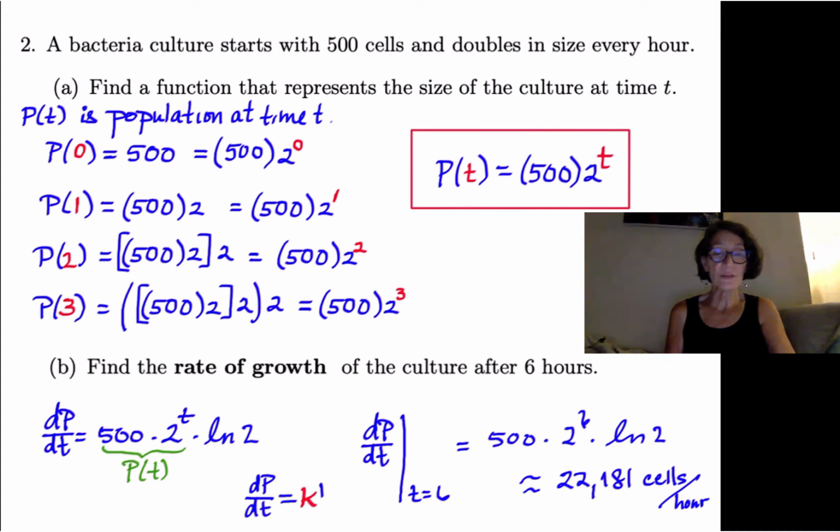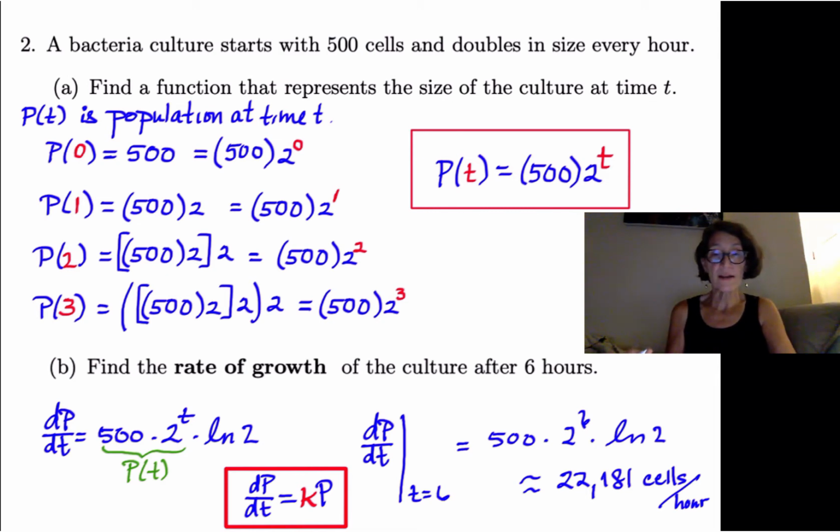The derivative dp/dt is equal to some number times the function p. And what that equation says is that the derivative, or the rate of change of the function, is proportional to the function itself. That's what it means when y is equal to constant times x.